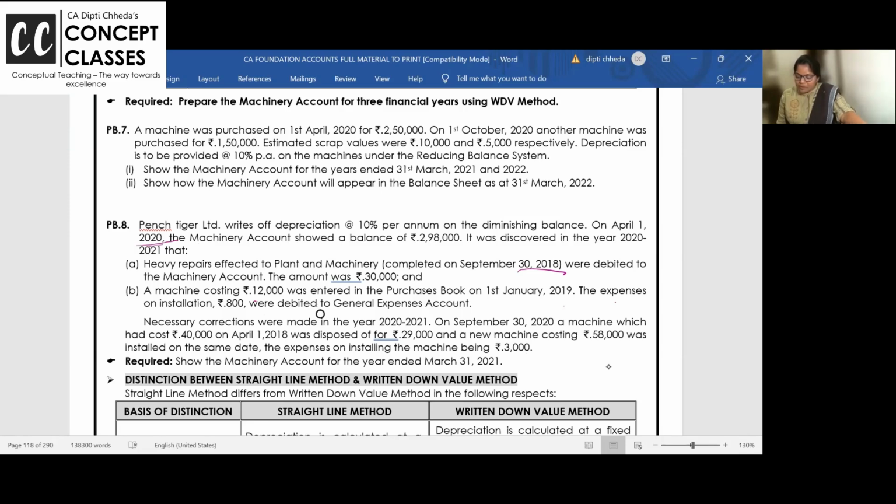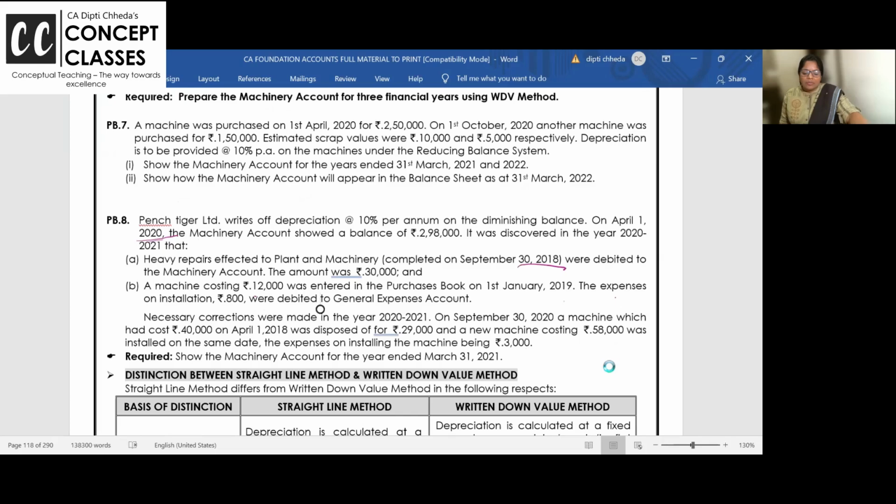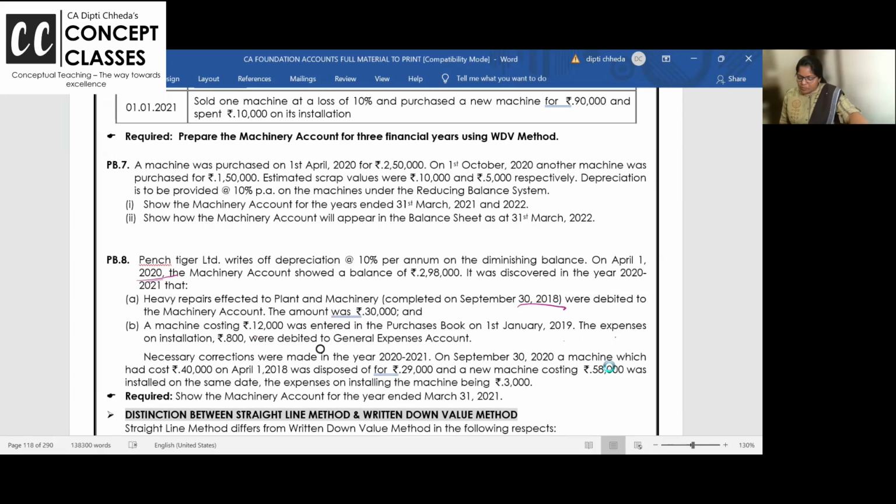A machine was purchased. Okay, if you have a doubt, we'll do it. A machine was purchased on 1st April for 2,50,000. On 1st October, another machine was purchased for 150. Estimated scrap values were given, and depreciation is to be provided at 10% on the WDV.